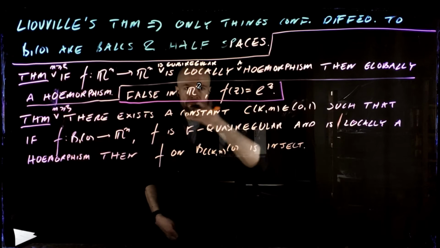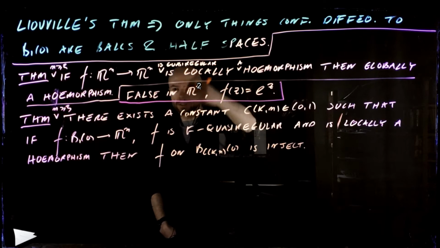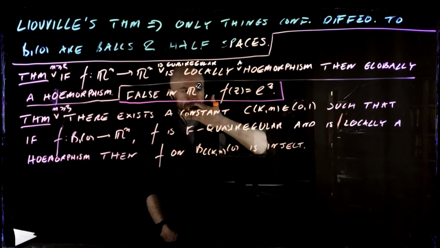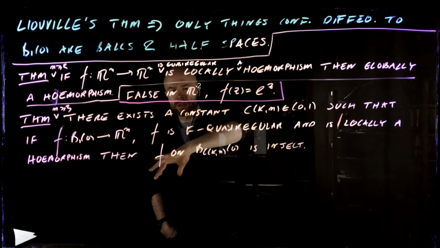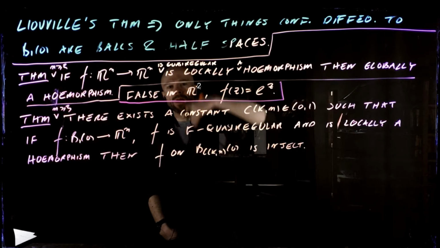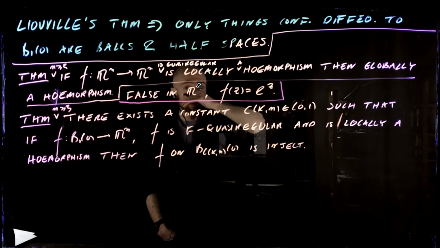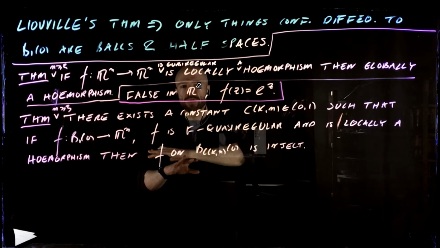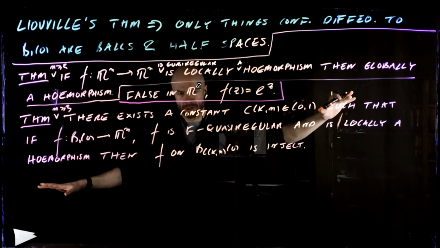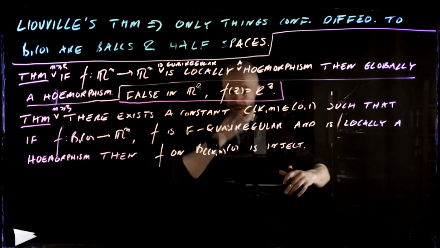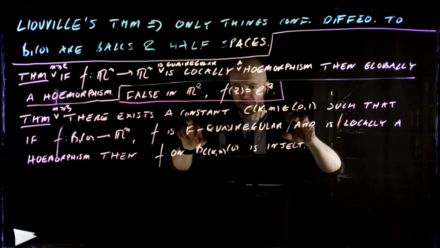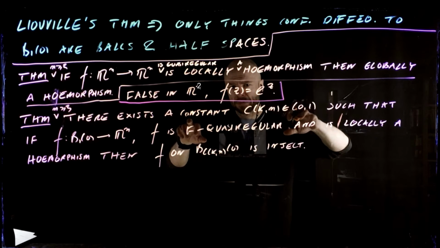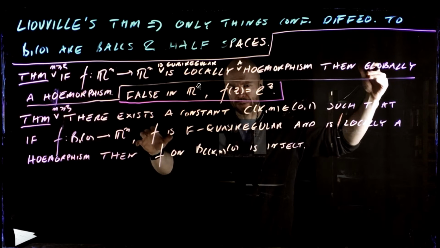So this is kind of the most natural local version of the theorem above. In the theorem above, we have the entire domain, and if we are locally a homeomorphism, when we have a quasi-regular mapping, then we're actually globally a homeomorphism, right? You can deduce this from this theorem by simply taking rescalings and larger and larger balls.